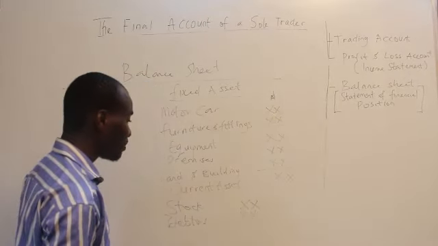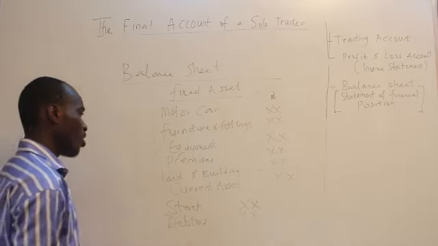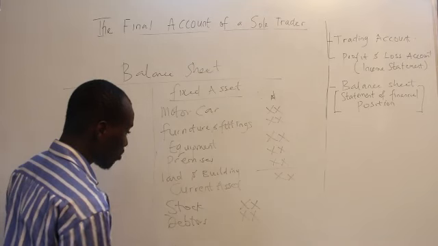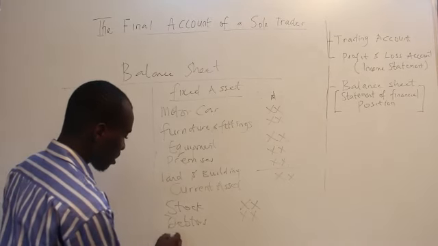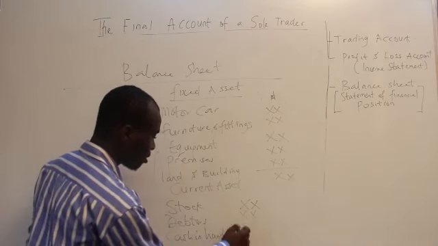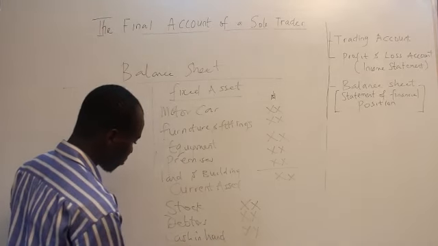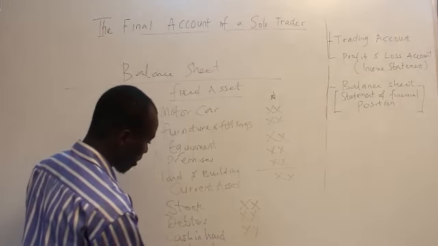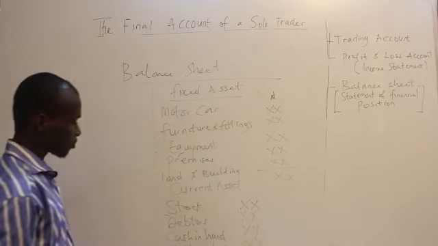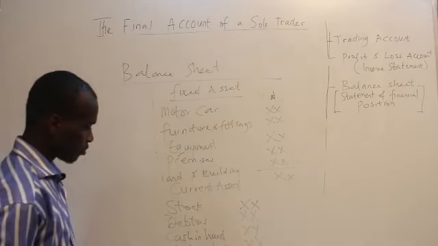So we also have the debtors, we have the stock, we have cash in hand in the period, cash at the bank in the period. So you have the bills receivable.